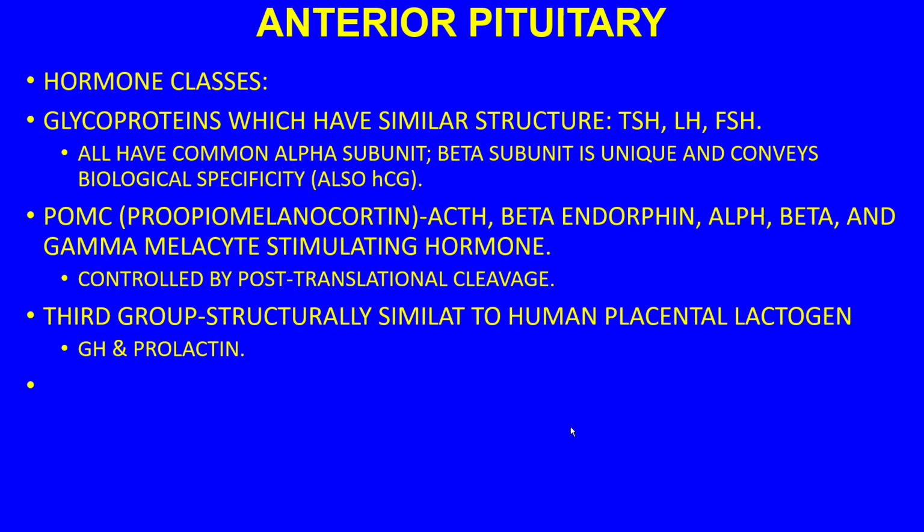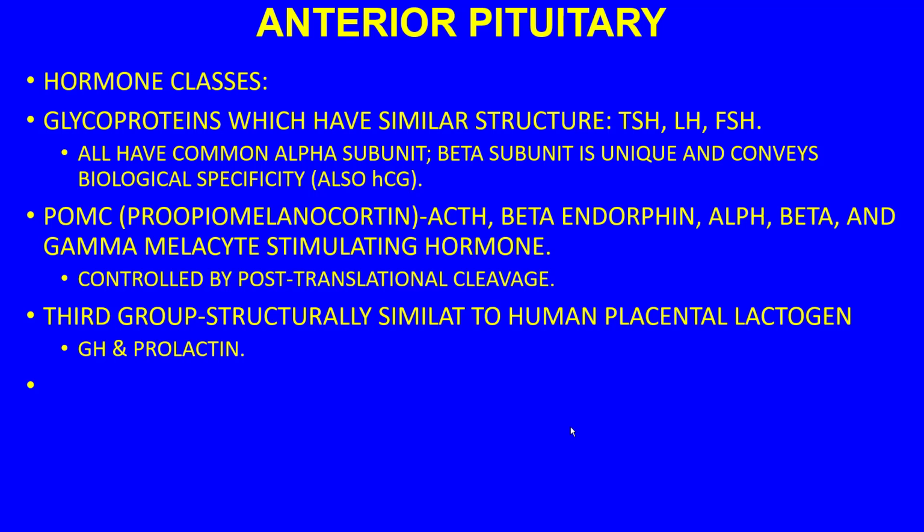Okay. The next grouping is pro-opiomelanocortin, POMC. Now, from POMC, which is a much, much larger peptide chain, you get ACTH, beta endorphin, and alpha, beta, and gamma melanocyte-stimulating hormone. These are all controlled by post-translational cleavage.